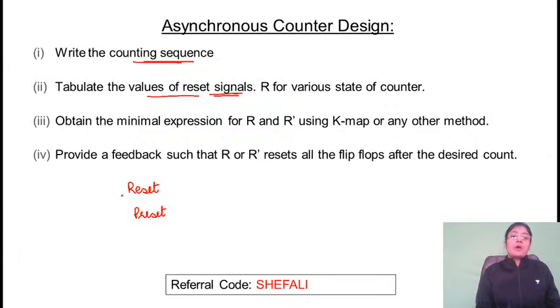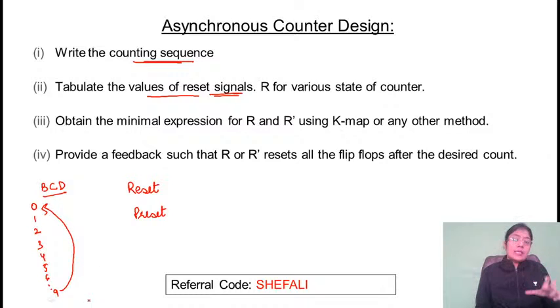If you want to design a counter for BCD, an asynchronous counter, you will have either an up counter or a down counter. If we want to construct a counter for BCD, what are the states? 0, 1, and the sequence goes 2, 3, 4, 5, 6, 7, 8 and up to 9, and again it will come back to 0. So basically a total of 10 states are used.